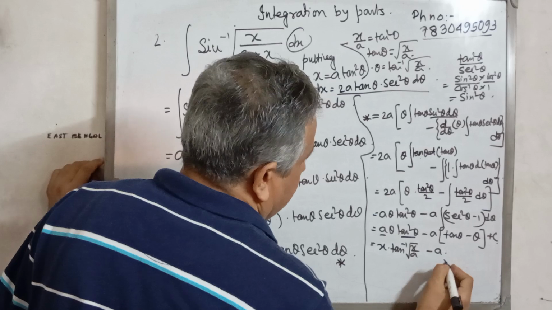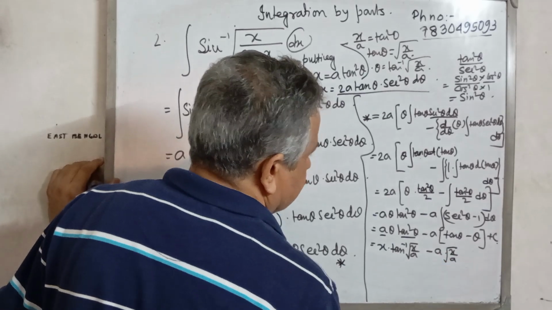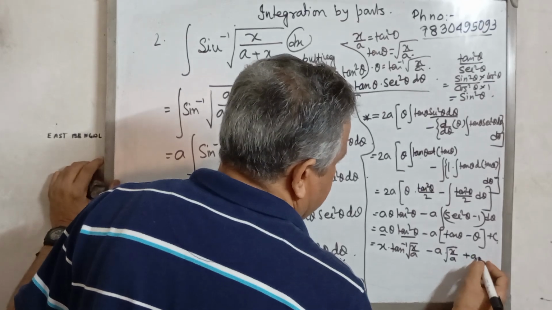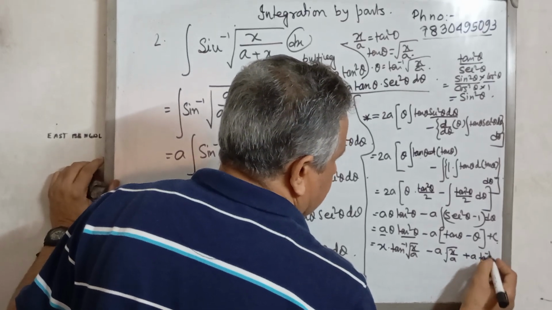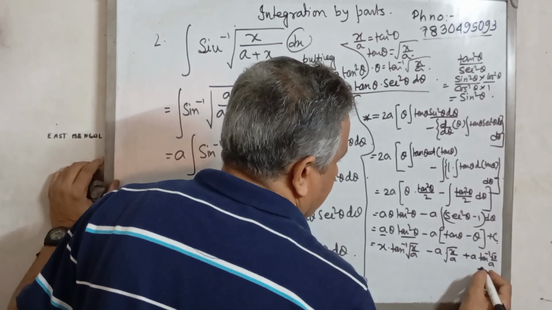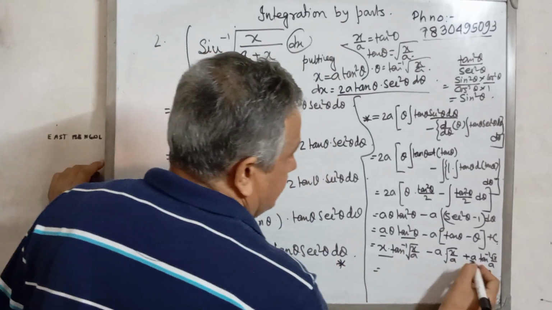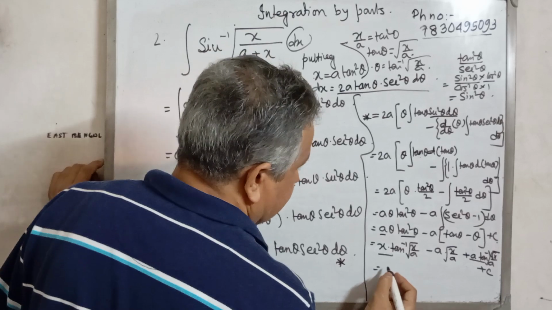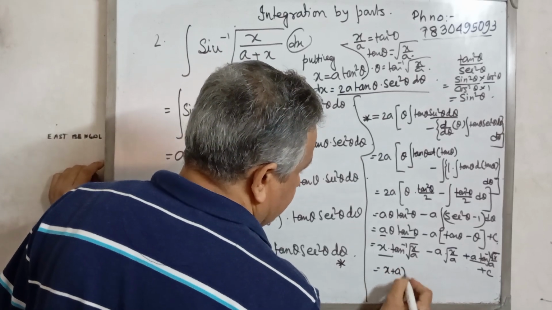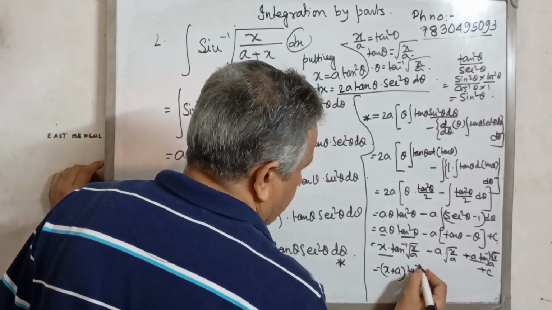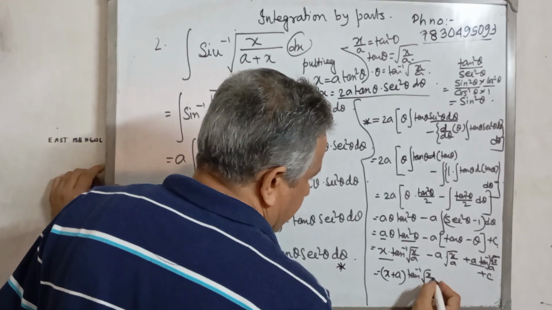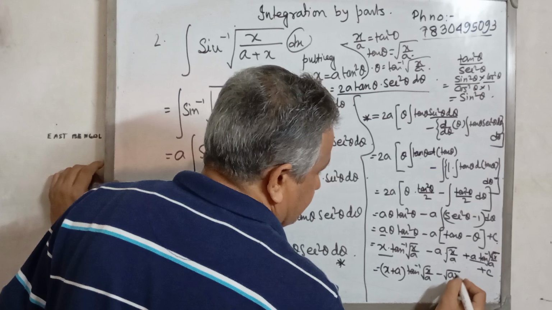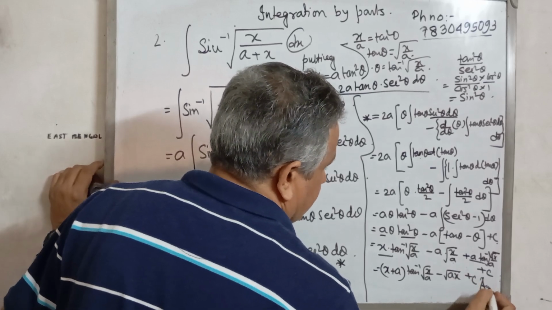Tan theta is root over x by a, plus a tan inverse root over x by a plus c. Now taking tan inverse root x by a as common, we get x plus a tan inverse root over x by a minus a by root a is root a, that is root x, plus c. This is our answer.